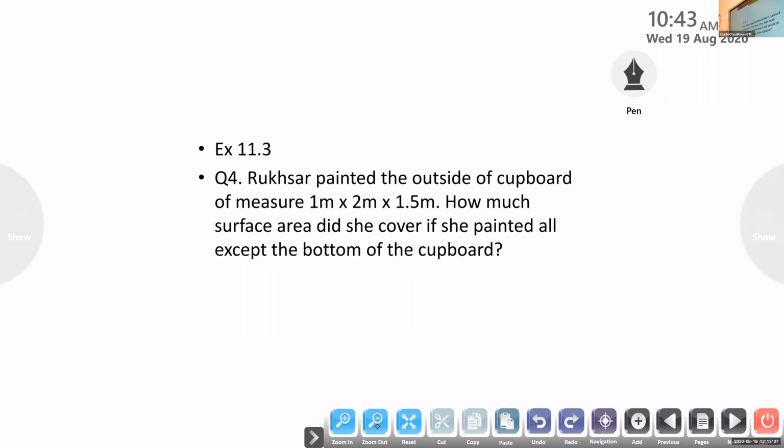Rukser painted the outside of a cupboard of measure 1 meter by 2 meter by 1.5 meter.